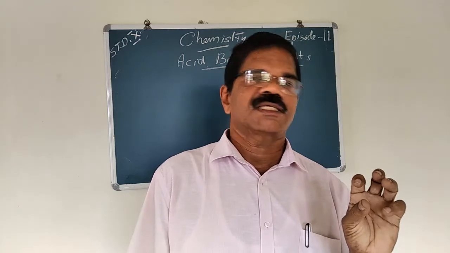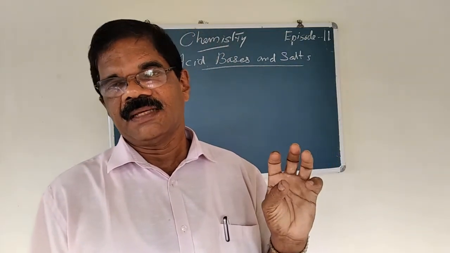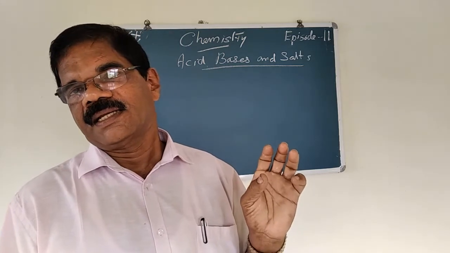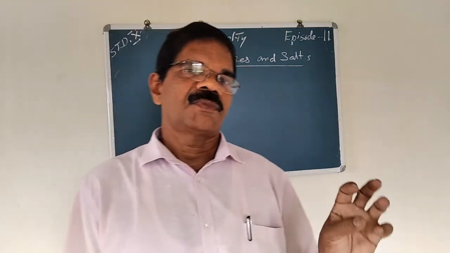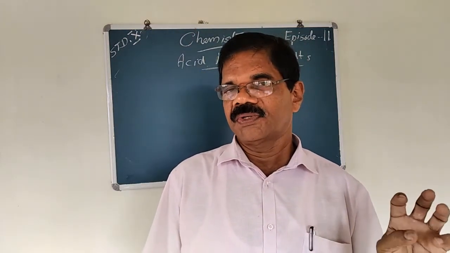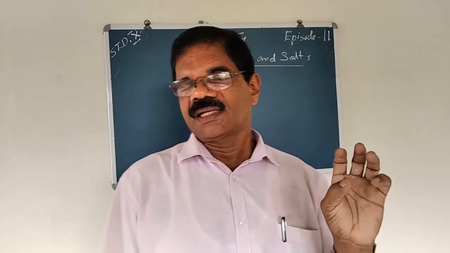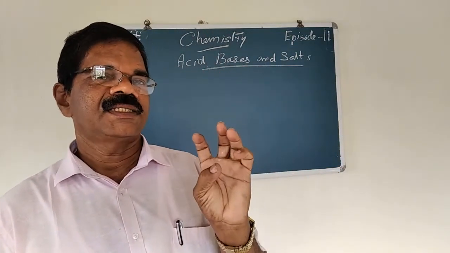They can be expressed in 3 ways. First is the common name, second is the chemical name, third is the molecular formula or chemical formula. So, once seeing a thing, you must say these names.